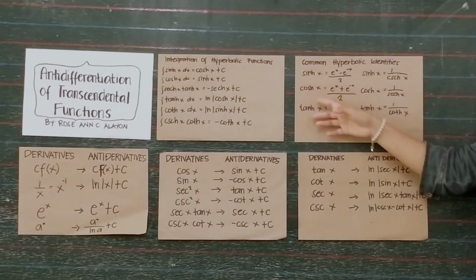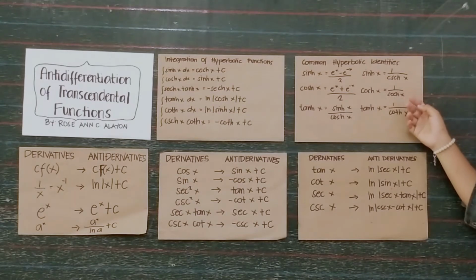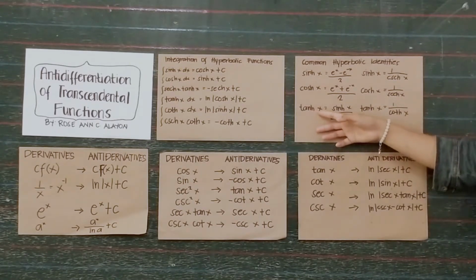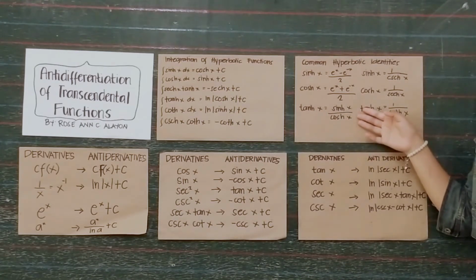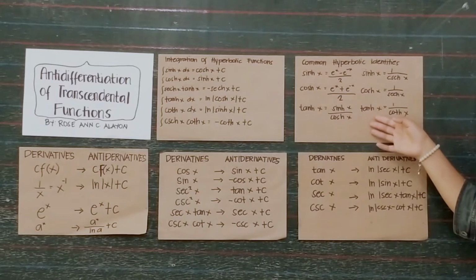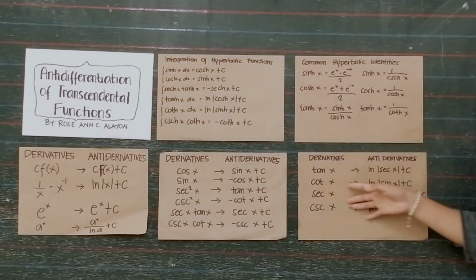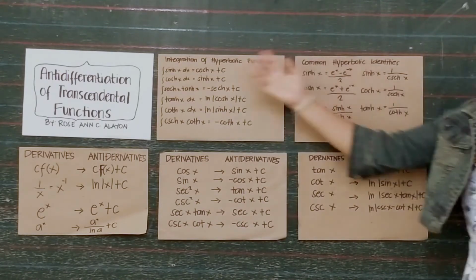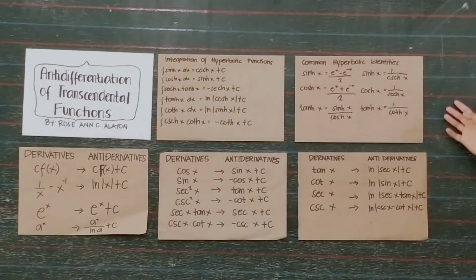Hyperbolic cos x is equal to e to the x plus e to the negative x over 2. Hyperbolic tangent x is equal to hyperbolic sin x over hyperbolic cosine x, and so on and so forth. As we answer our exercises later, try to familiarize yourself with all of this so that we will be able to answer the exercises.